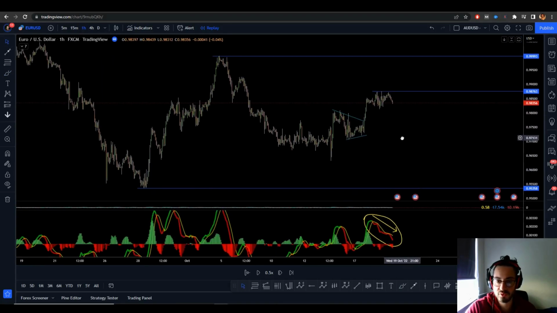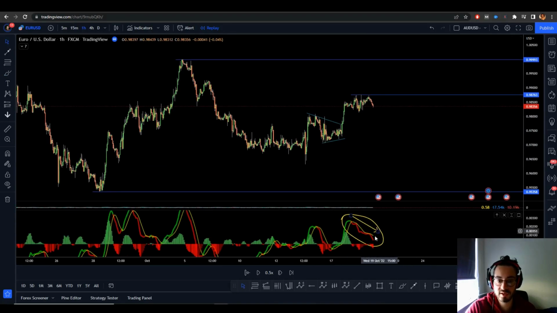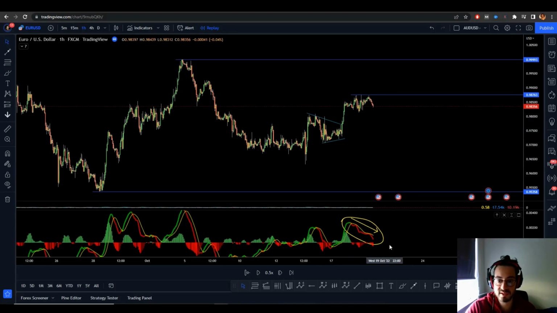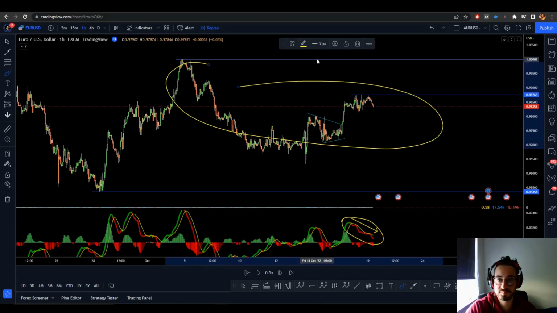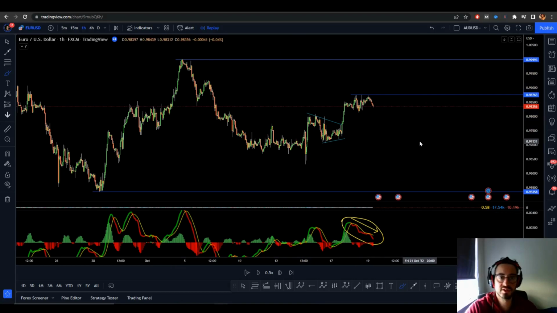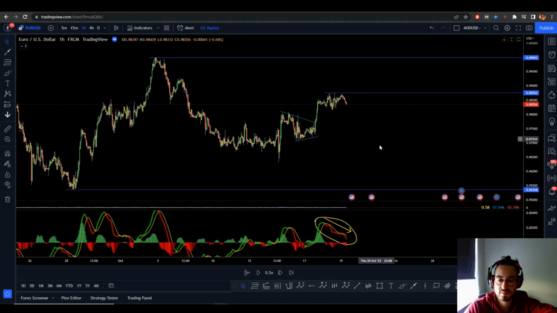And if you use it in confluence with an indicator, for example MACD, that is representing these candles in a different way, then suddenly we're building a trading idea now. We're building confluence, we're building objective parameters that are showing us, okay, looks like we might start to come down.